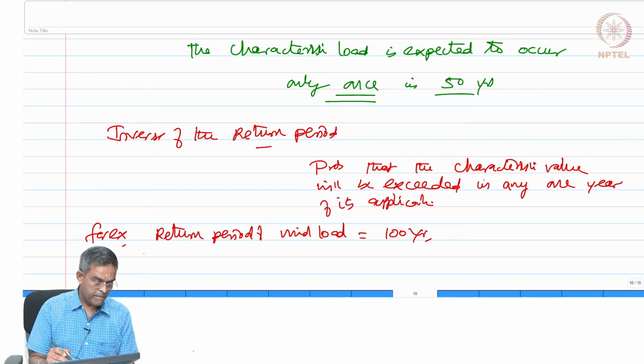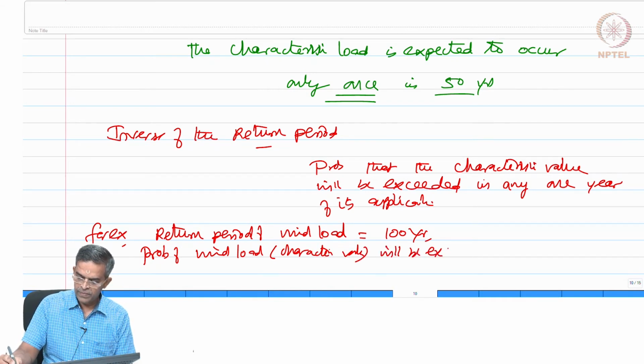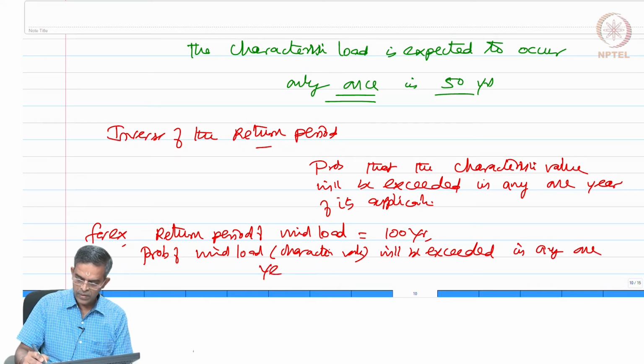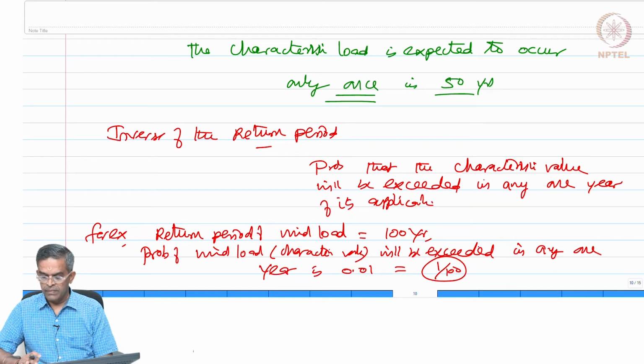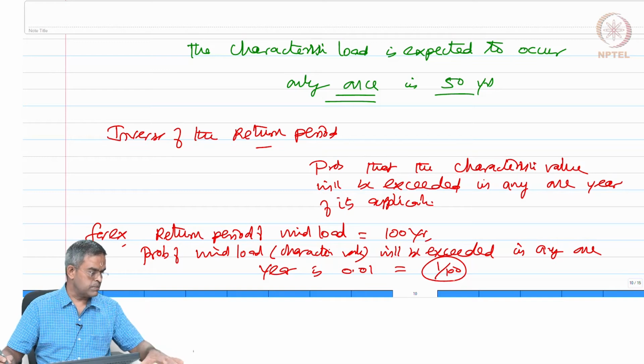So, we can now say that probability of the wind load, that is the characteristic value, will be exceeded in any 1 year is 0.01, which is nothing but 1 by 100. So, 99% it will not exceed in any 1 year, but 1% there is a probability it may exceed. That is what the meaning of inverse return period.